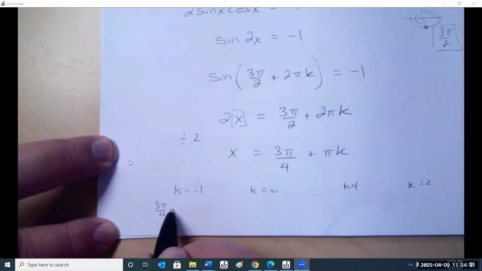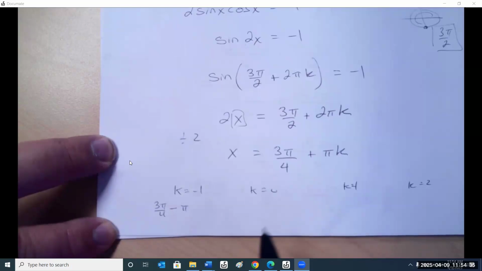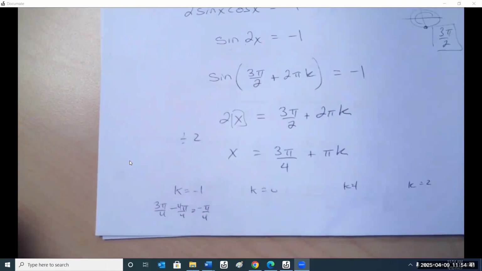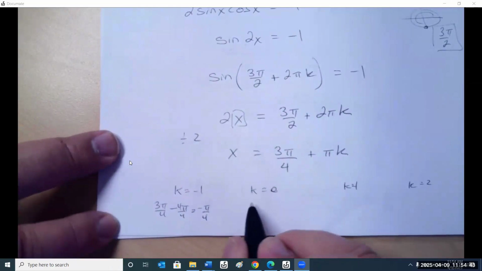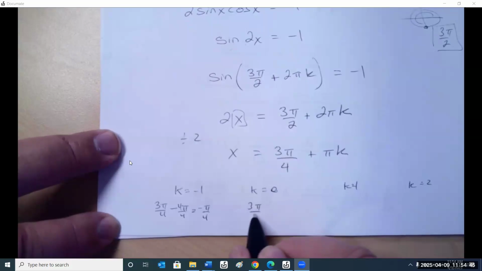So 3 pi over 4 minus pi, which is 4 pi over 4, which is negative pi over 4. When k is 0, it's going to be 3 pi over 4.